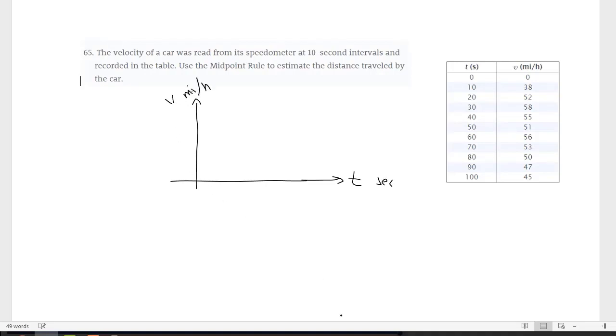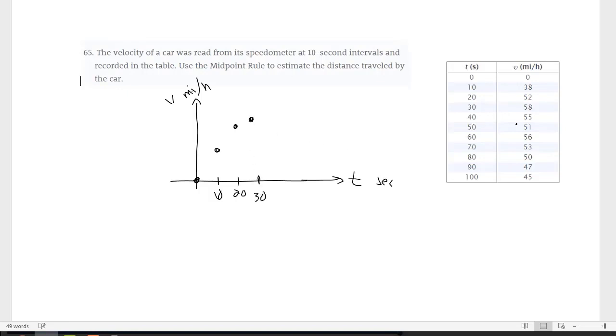If I were to graph these points, at time 0 my velocity was 0, at time 10 my velocity was 38, let's say that's roughly there. At time 20 my velocity was 52, let's say that's there. At time 30 it was 58, roughly there.